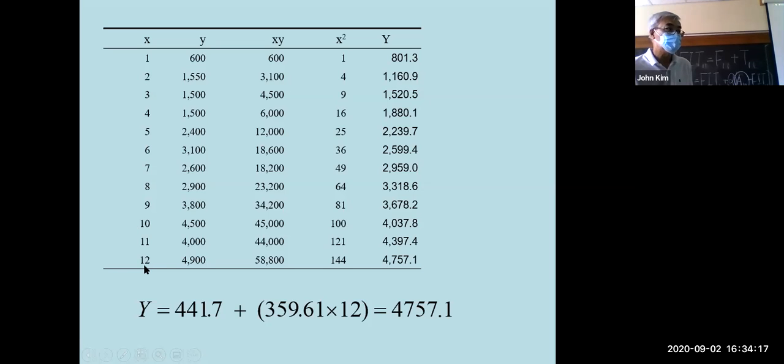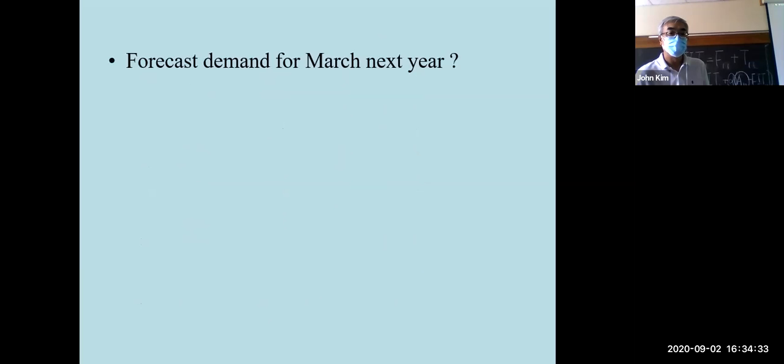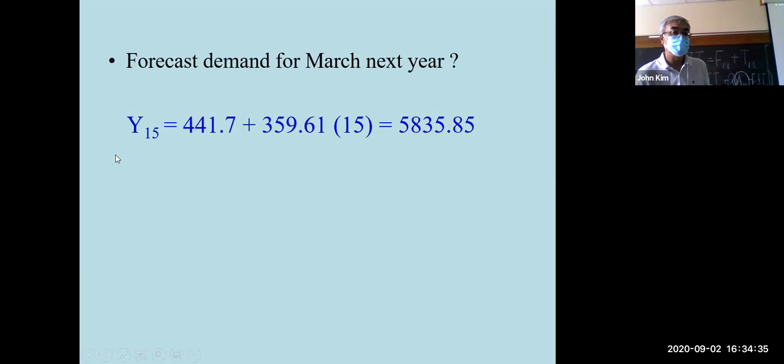Next year, January, the x variable is 13, 14, 15. March, the x variable is 15. So plug in 15, and the forecast demand for March next year is 5,835.85.